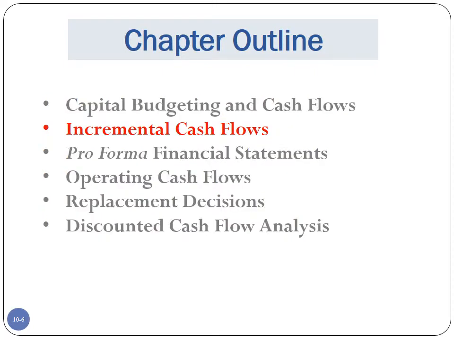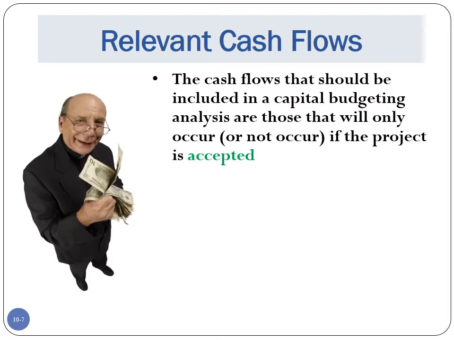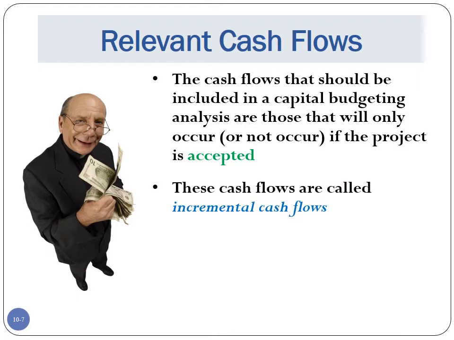What the principle is here is that we should be looking at incremental cash flows. What's relevant? The cash flows that should be included in a capital budgeting analysis are those that will occur only if the project is accepted, or those that will not occur if the project is accepted. And these are known as incremental cash flows.